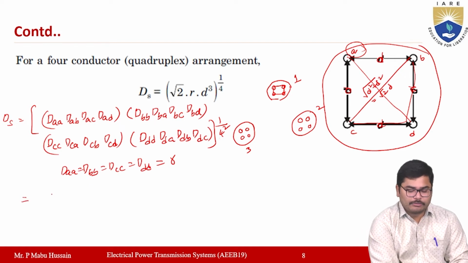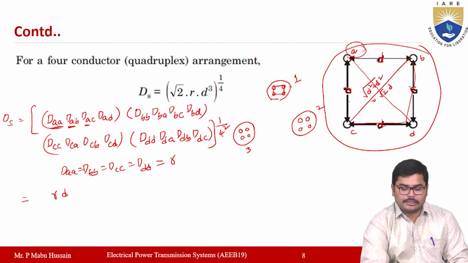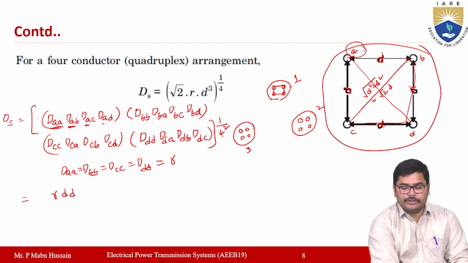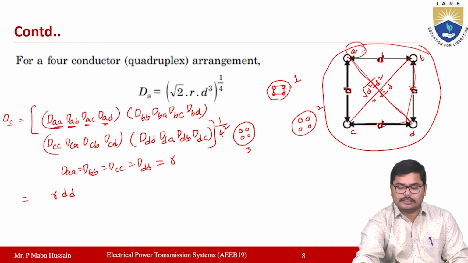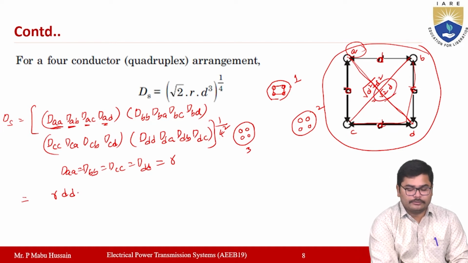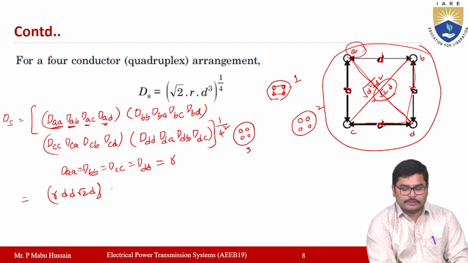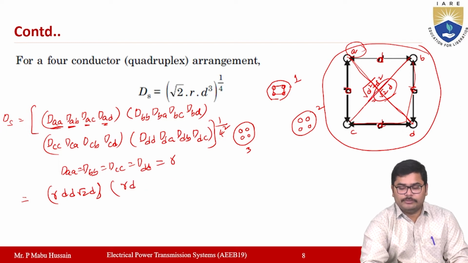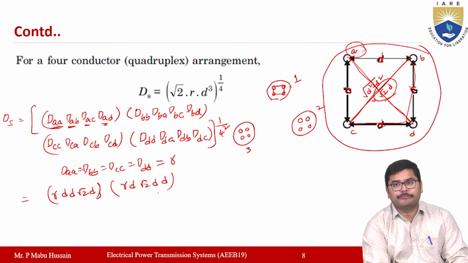DAA is r, DAB, the A to B distance, is d, and the A to C distance is also d. The A to D distance is √2 d. So this is one product. Then DBB is r, DBA is d, DBC is √2 d, DBD is d.